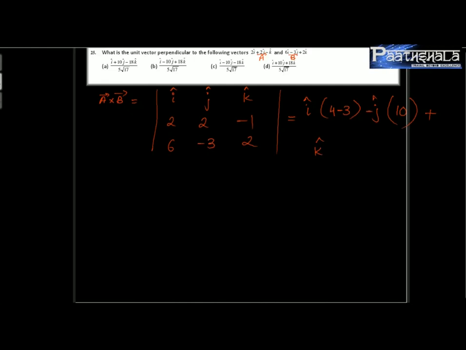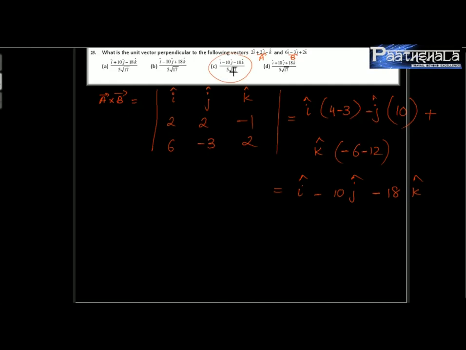Take the help of a friend who understands how to use the determinant method to find cross products, in order to realize how I am doing this if you do not already understand it. So this is 2 into minus 3, which is minus 6, and this is minus 12. So the answer comes out to be I hat minus 10 J hat minus 18 K hat. So that looks like option C.